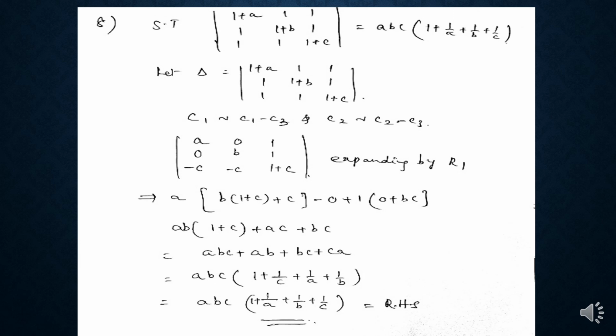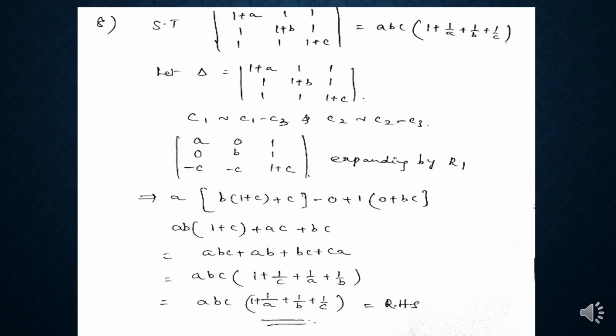So that is abc into, by taking abc as common from each element, dividing through all terms by abc, we will get abc into abc by abc 1, plus ab by abc, that is 1 by c, plus bc by abc, that is 1 by a, plus ca by abc, that is 1 by b. So that can be written as abc into 1 plus 1 by a plus 1 by b plus 1 by c.